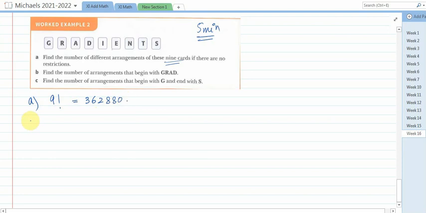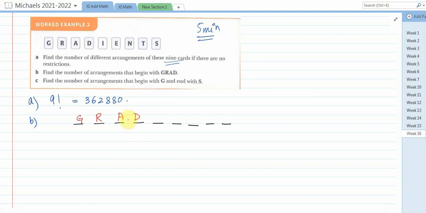After that, for part B, to explain it better, I will identify the places 4, 5, 6, 7, 8, 9. It says find the number of different arrangements that begin with GRAD. Now, it means that these 4 places have been finalized, right?